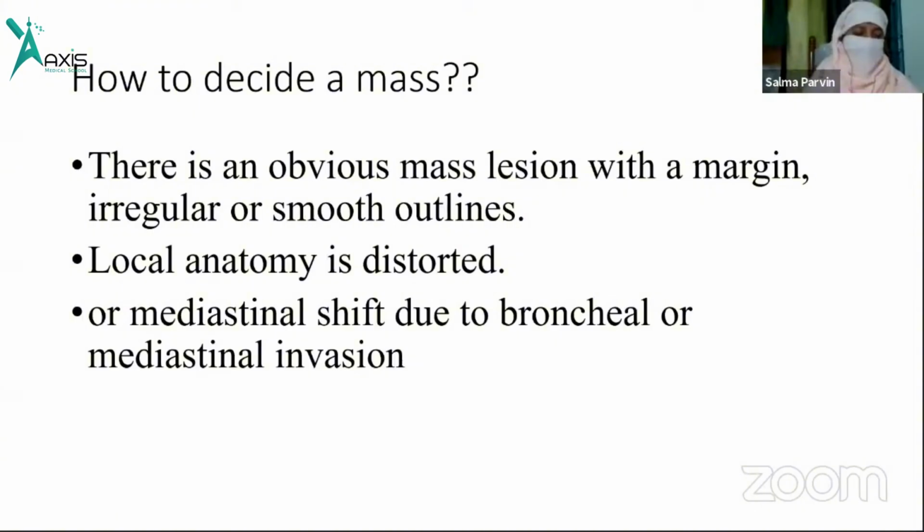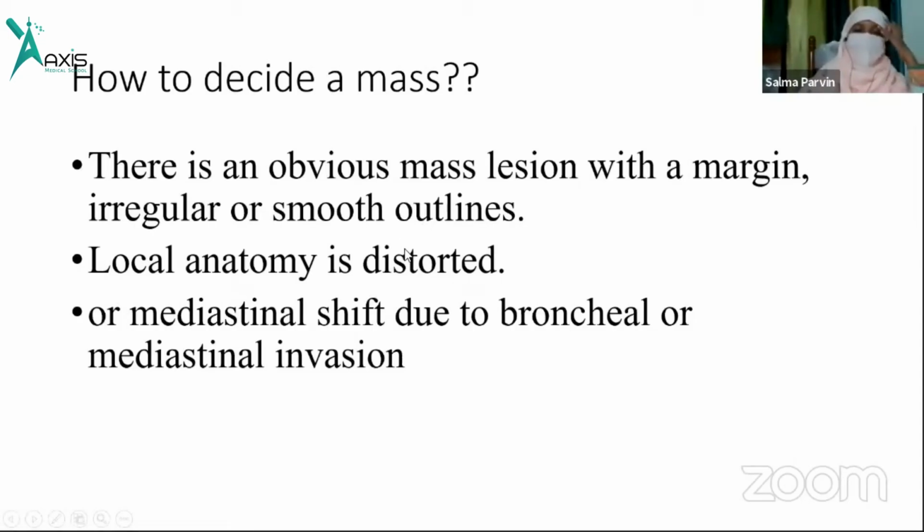That is something you need to declare, that the isolated mass would have a chance to be malignant or a chance to be benign, with margins to be considered. Not always are you going to have irregular spiculated outlines of a malignant mass. Sometimes, or in a significant number, you will have smooth outlines.